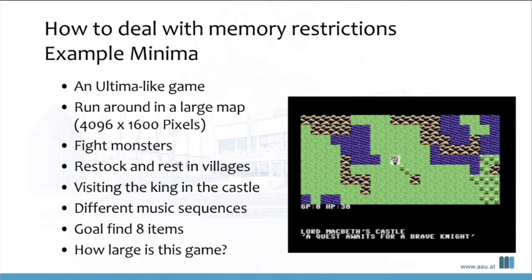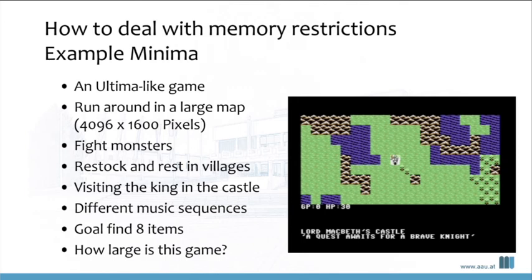So this is the size of the game map. And please consider the Commodore C64 only has 64 kilobytes of memory and only 300 times 200 pixels that can be displayed at once. So it's using scrolling to show only a part of the game world. So you get the impression that the world is huge.